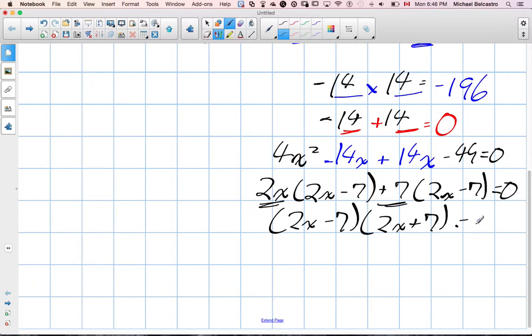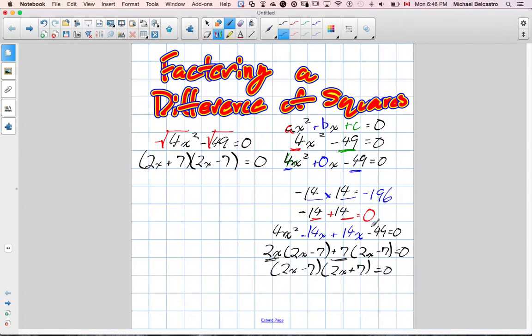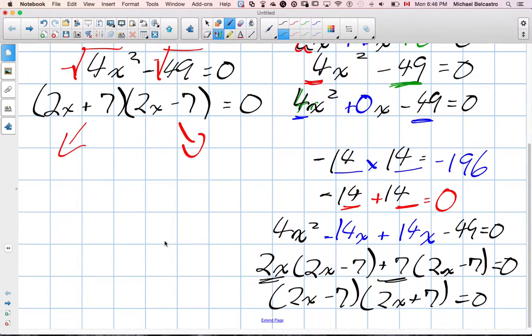Okay, a little more work when you don't realize that it's a difference of squares, but you still essentially get to the exact same answer, and you're still using something you're very familiar with. Oh, I forgot to actually find the x values. Since it's already set equal to 0, or the x-intercept values, we set each bracket equal to 0. So we have 0 equals 2x plus 7, and 0 equals 2x minus 7, and the goal is to just isolate for x.